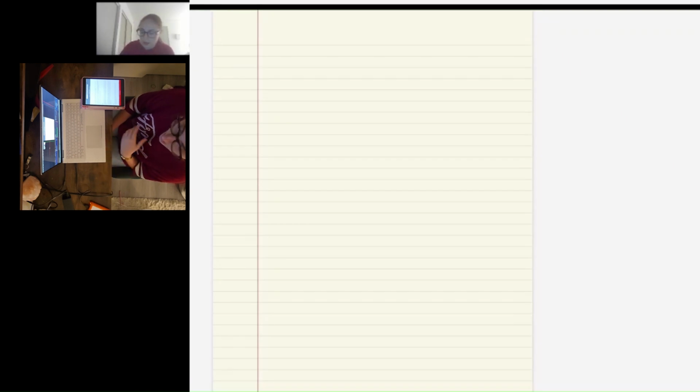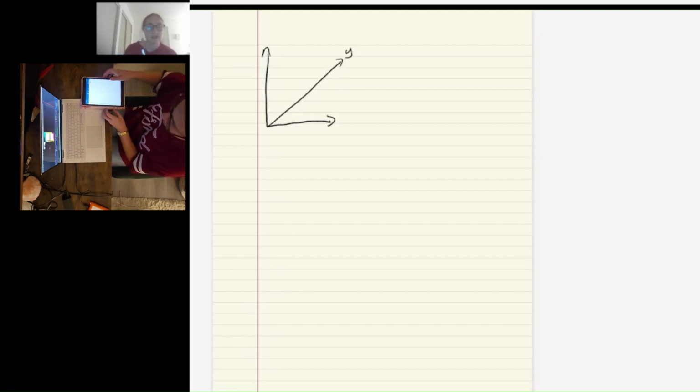So let's say we have just a graph of data, and this is our y data. We have a data set and data points in the set, and we're going to be using linear regression to find a best fit model for our data points.